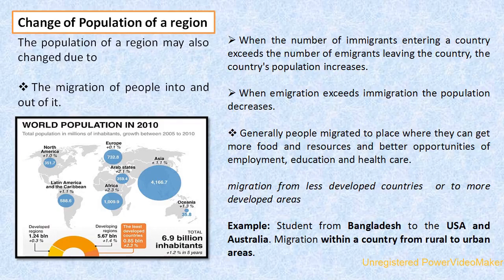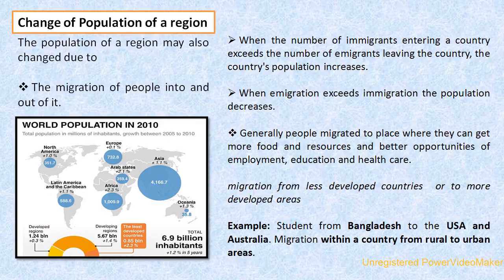In the same way, people move from less developed areas to more developed areas. For example, students from Bangladesh go to USA and Australia. In Bangladesh, students are not getting proper education, so they expect a good, very high-end education in USA and Australia, so they are migrating there.